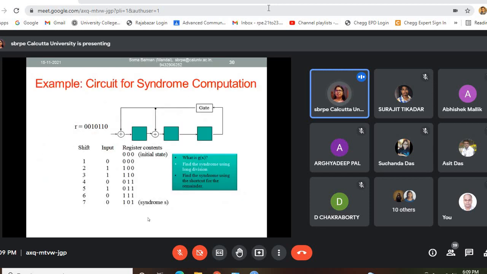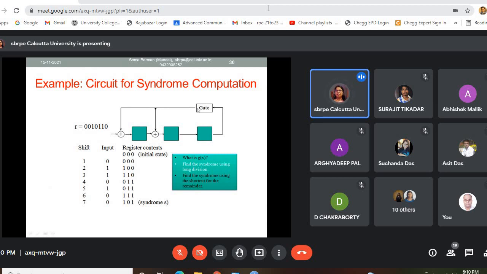So this is the circuit for syndrome computation. See, you have received the Rx 0 0 1 0 1 1 1 0. Initially the register content is 000.